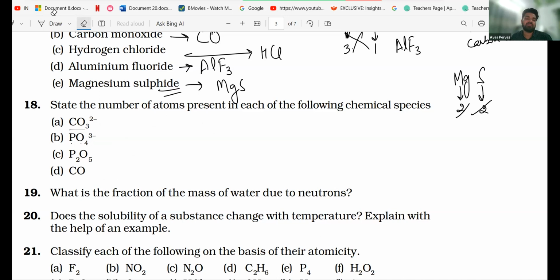Number of atoms present in each of the following species. So it is asking only the number. It is 4. Then here we have 5. Here we have 7, and we have 2. Okay, understood? Understood, everybody in the class? Yes, sir.